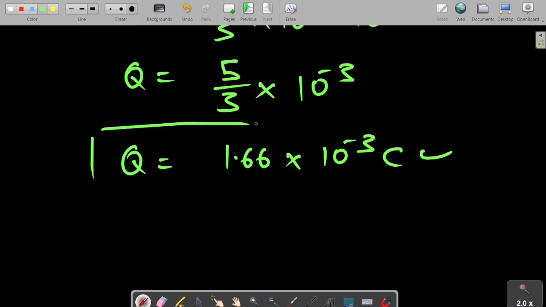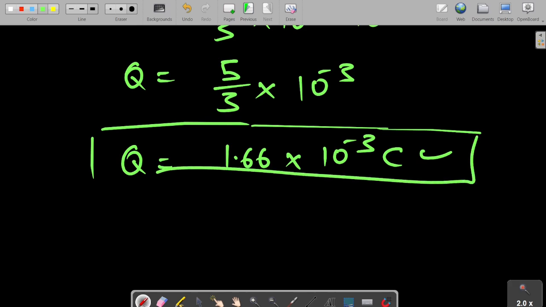So we have got our charge Q as 1.66 into 10 to the power minus 3 coulomb across capacitors C1, C2 and C3.